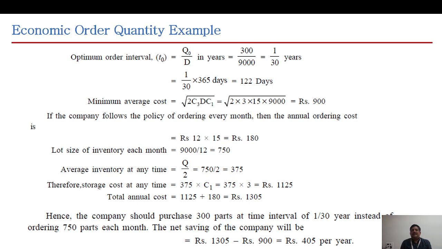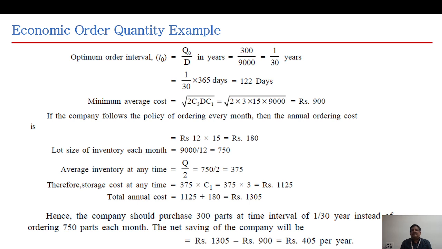Therefore, the storage cost is 375 into C1, which is equal to 1125. The total annual cost is 1125 plus 180, that is equal to 1305. Okay, so this is the monthly policy.